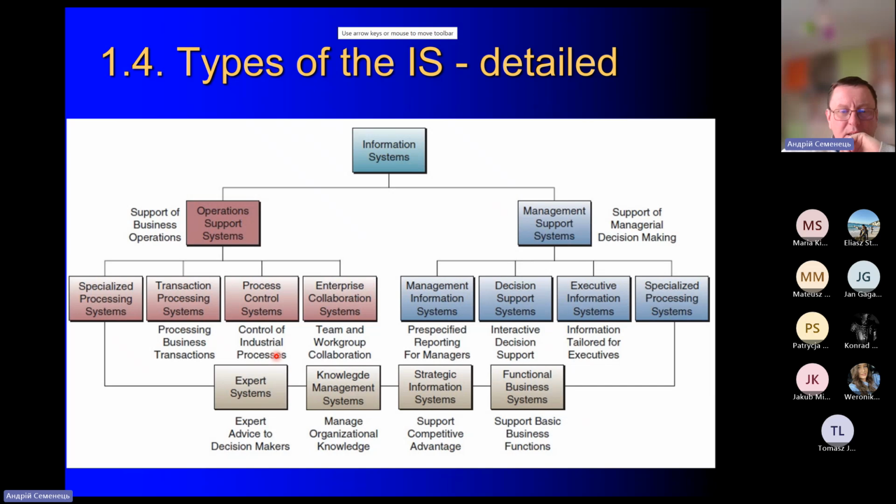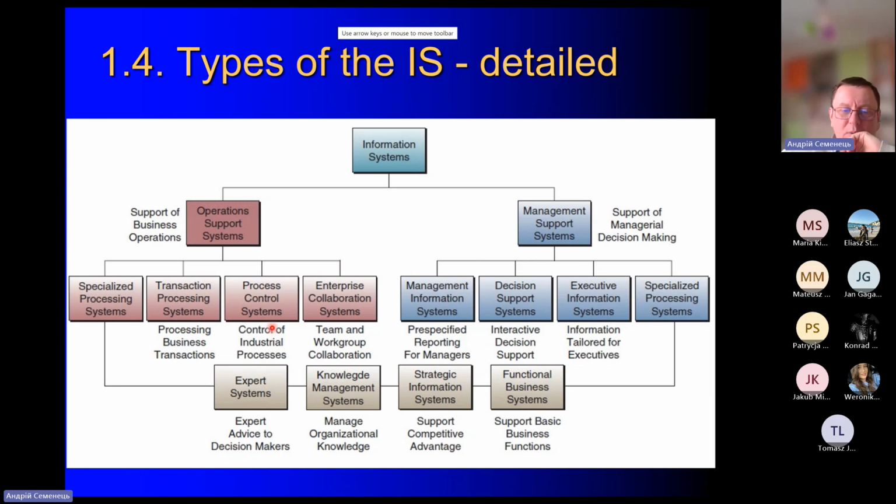So if we are asking where Teams is, it could be placed there as a collaboration system, but we can also place it as a management information system, because if we are talking about a meeting organized by senior managers, it becomes a management information system.